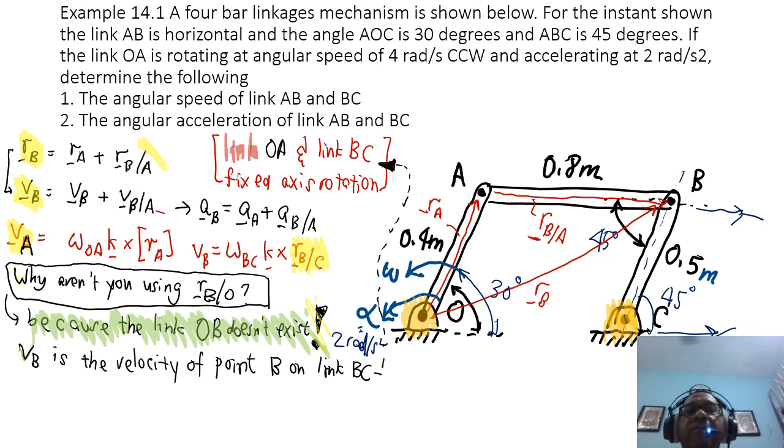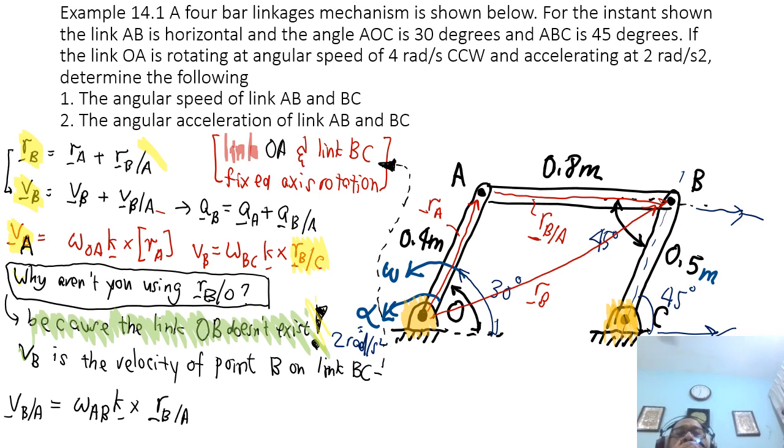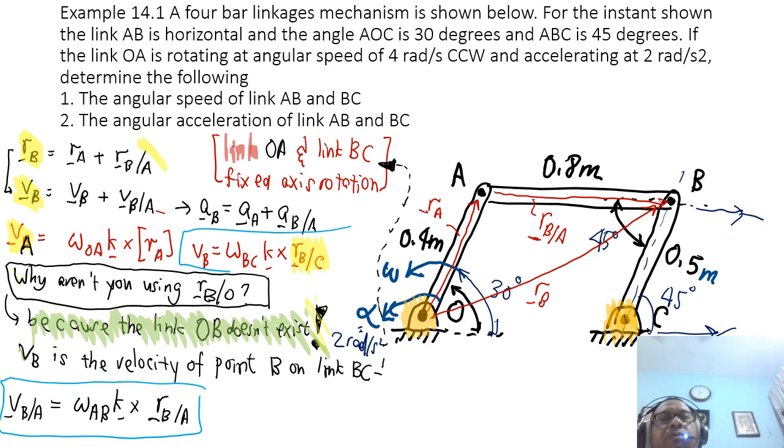So let me finish the third equation. The third equation is VB relative to A, yeah, you guessed it right, omega AB K cross position vector B relative to A. These are the three sets of equations. Let me box these equations, 1, 2, and 3.